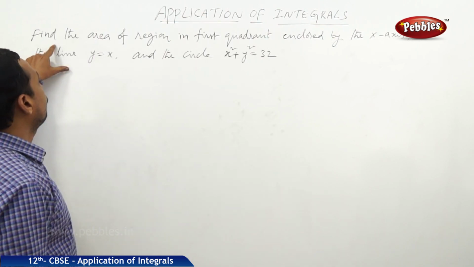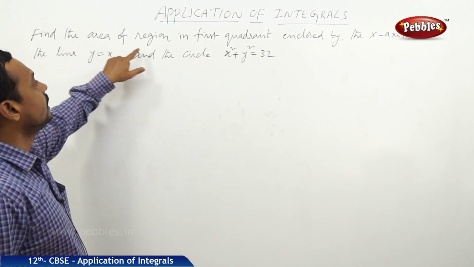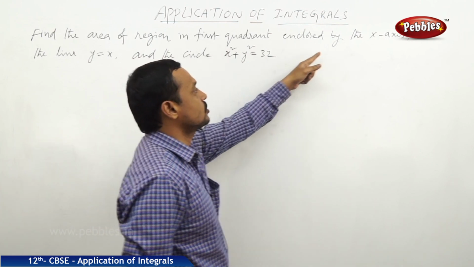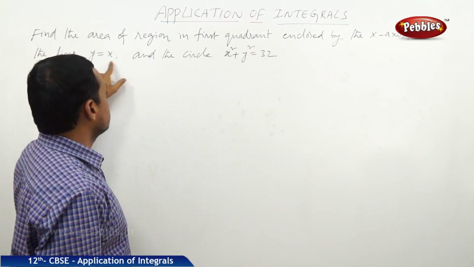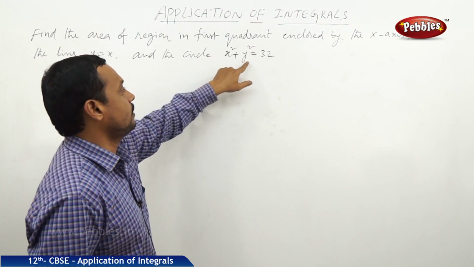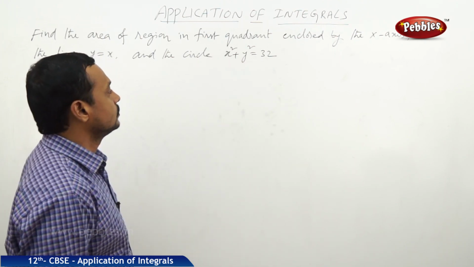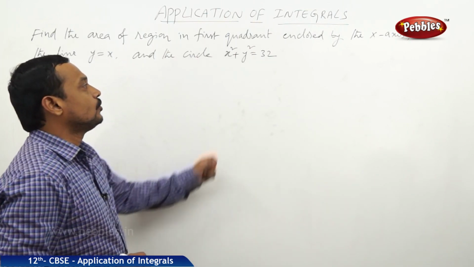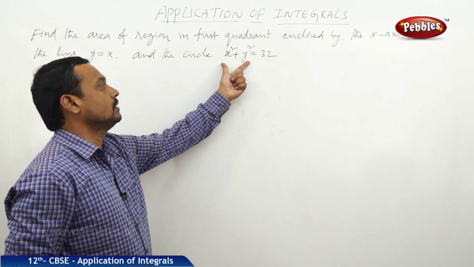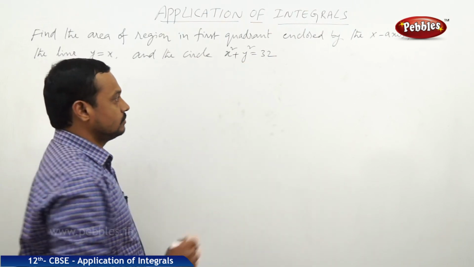Now find the area of the region in the first quadrant enclosed by the x axis, the line y is equal to x, and the circle x square plus y square is equal to 32. So x square plus y square is equal to 32 represents a circle whose center is at origin.